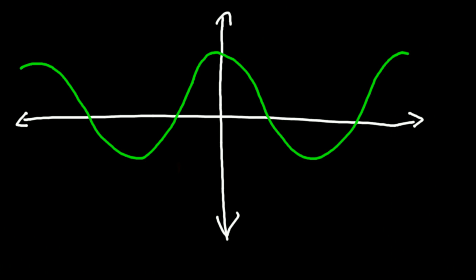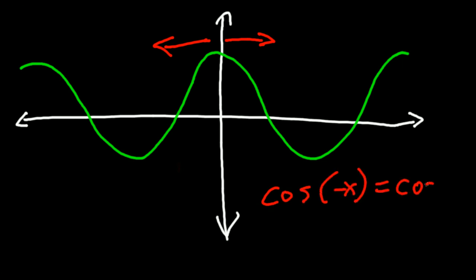If you go horizontally, on the horizontal axis, if you go one direction, it's the same as if you went the other direction. It's a mirror image. So cosine of negative x is exactly the same as cosine of x. Or in other words, there's no difference between a cosine of a positive frequency and a cosine of a negative frequency. No difference whatsoever. They're exactly the same.